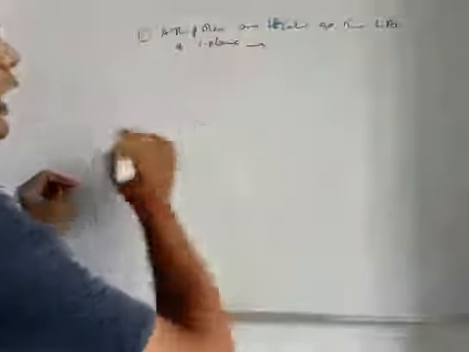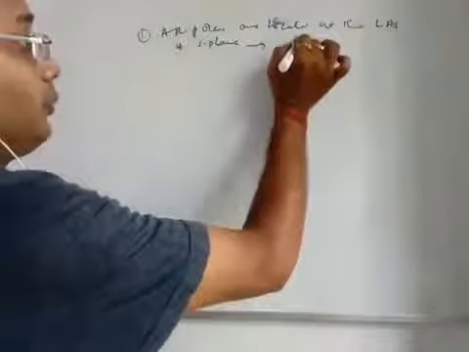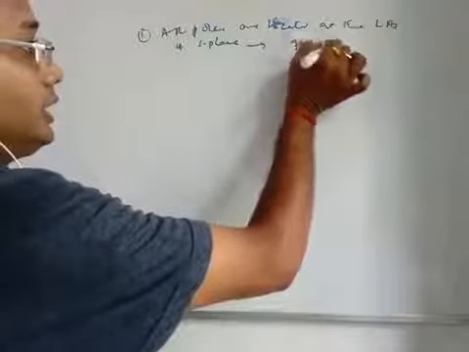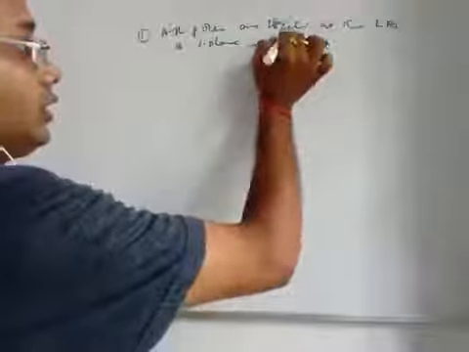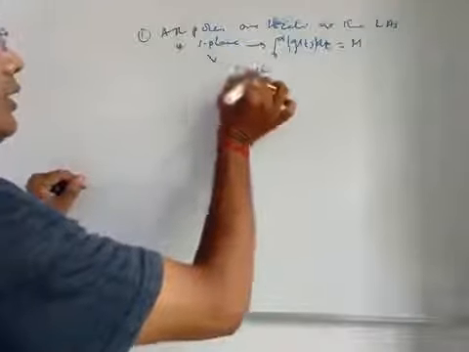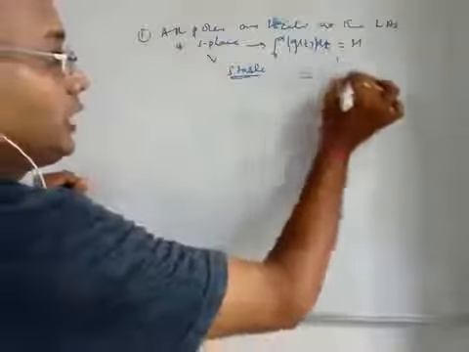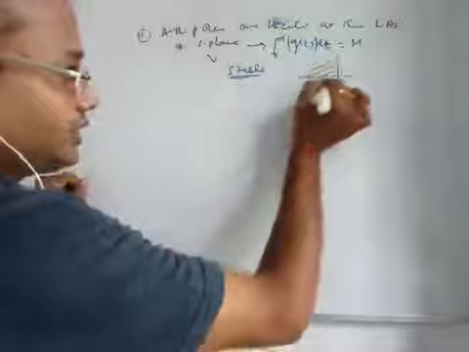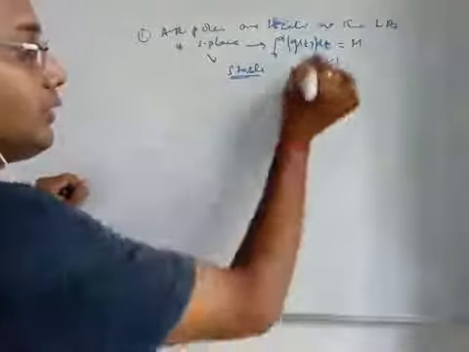If this so happens, then the integration of mod of g(t) dt from 0 to infinity is finite, right? That means the system is stable. So if the poles are lying in this region, it is stable.